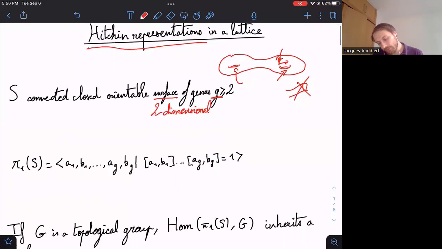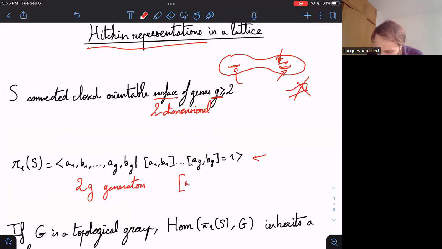Okay, so its fundamental group has a very nice description as I have written here. So we will have 2g generators in this presentation, and they all satisfy one relation. There is only one relation.